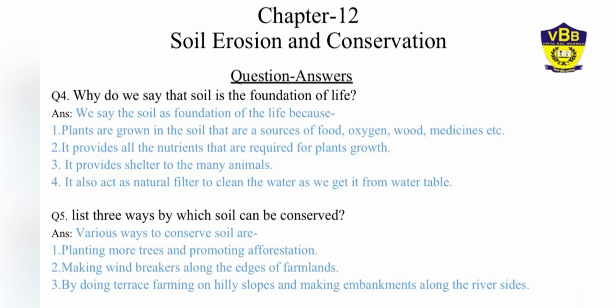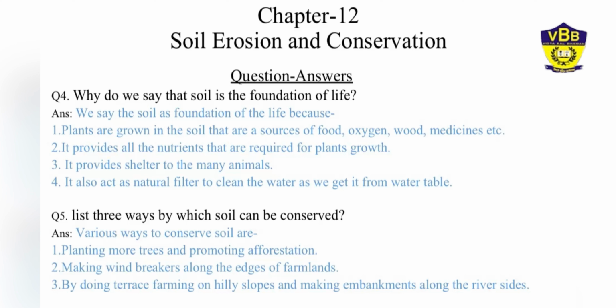In our previous class, we have done up to question number 4, that is why we say that soil is the foundation of life. We have already done why we call it foundation, as it helps in growing of new plants which give us food, oxygen, medicine, so many things. So it provides all the nutrients for the growth of the plant.